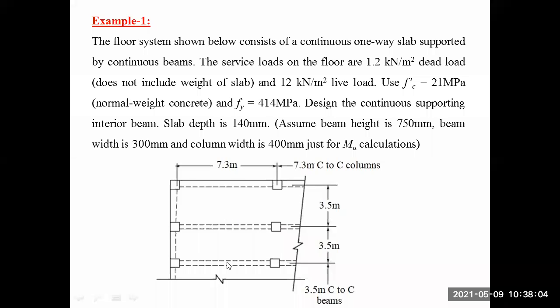How many spans we have along this side and this side is not shown because it's just taking a cross section, so we don't know how many spans along the x-axis and how many spans along the y-axis. But we could know that the beam is supporting a one-way slab.